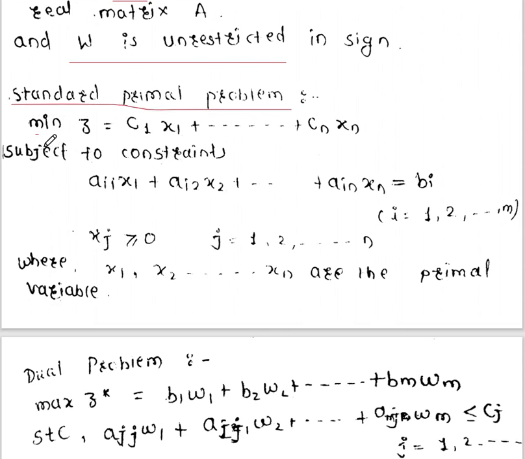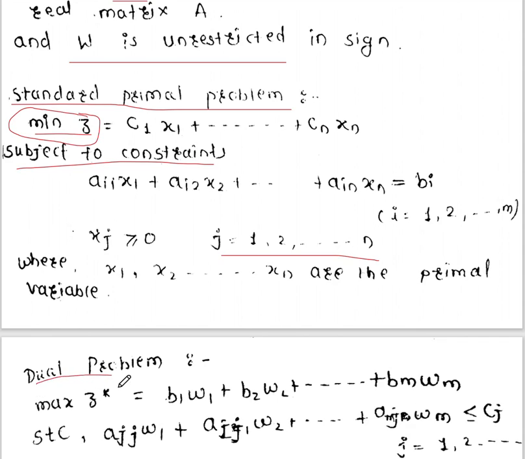If the problem is minimum z equal to c1 x1 plus and so on cn xn, then the constraints are given as ai1 x1 plus ai2 x2 and so on ain xn equal to bi, where i varies from 1 to m, xj greater than or equal to 0, j equal to 1 to n. So here x1, x2, xn are called the primal variables. Given that the problem is in the form of minimization, what is the dual of this problem?